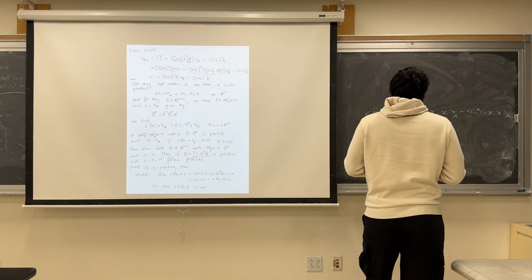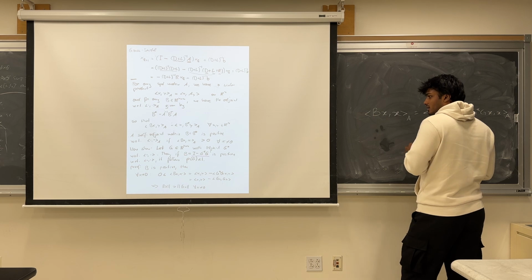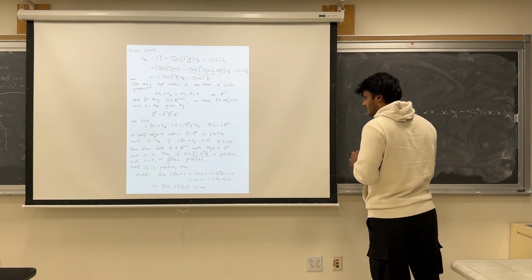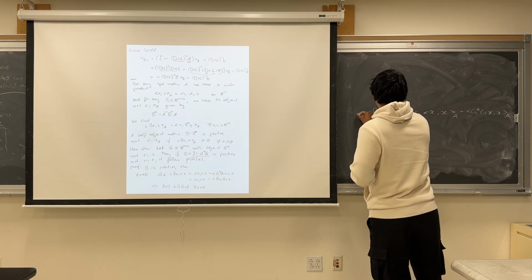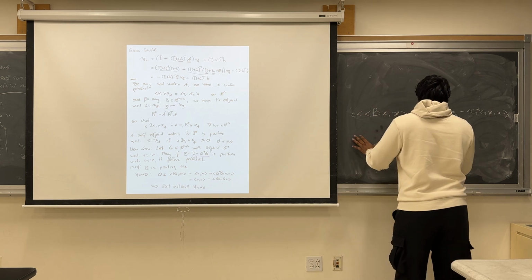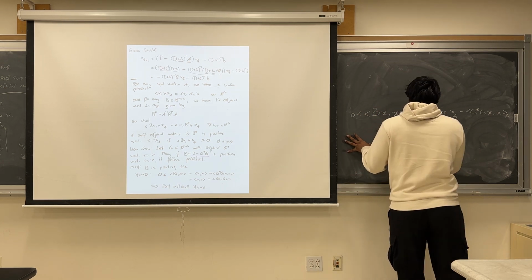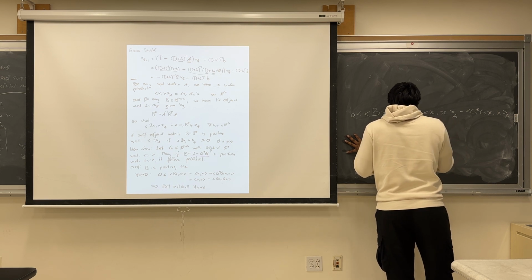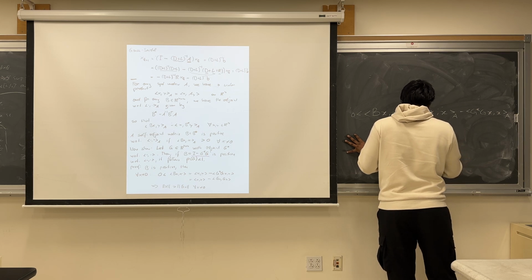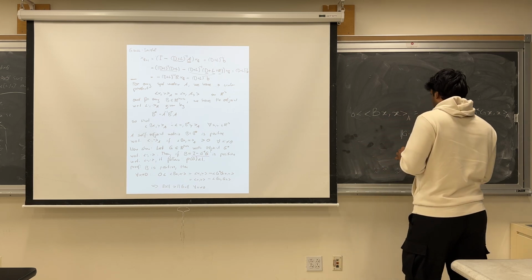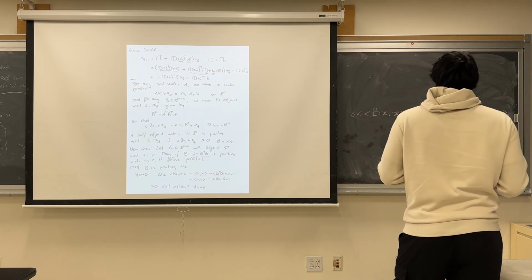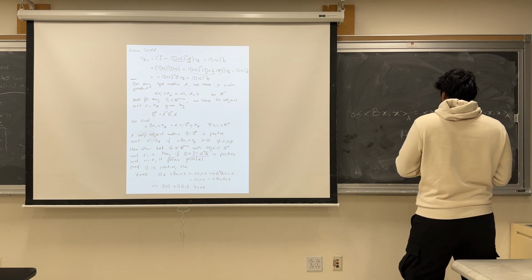Oh yeah. So if B is positive, if this is greater than 0, that means x norm squared is greater than Gx norm squared. Why did I write this?